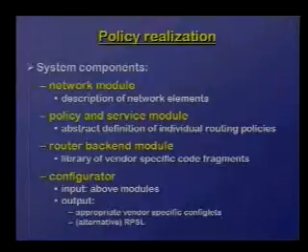So we have a network module which contains a description of our various different network elements. And then we wanted to have a policy and service module which basically takes the abstract definitions of the various different individual routing policies and services, and this can be done now in a way that is completely network independent and vendor independent.